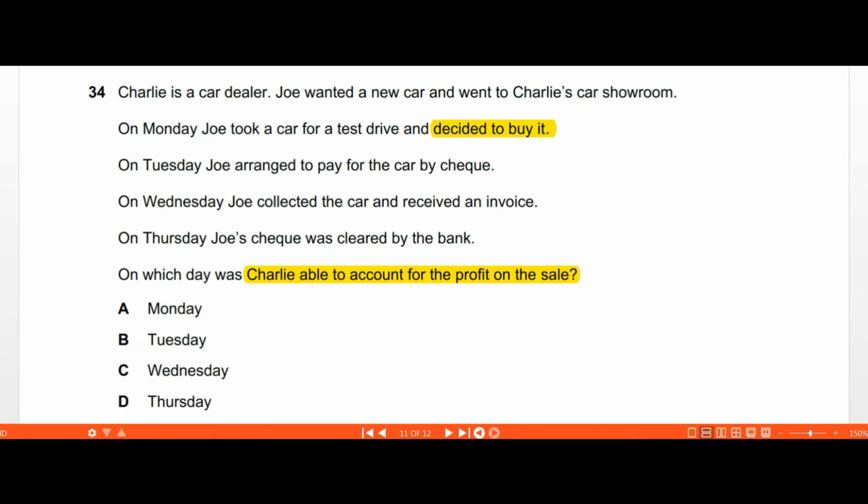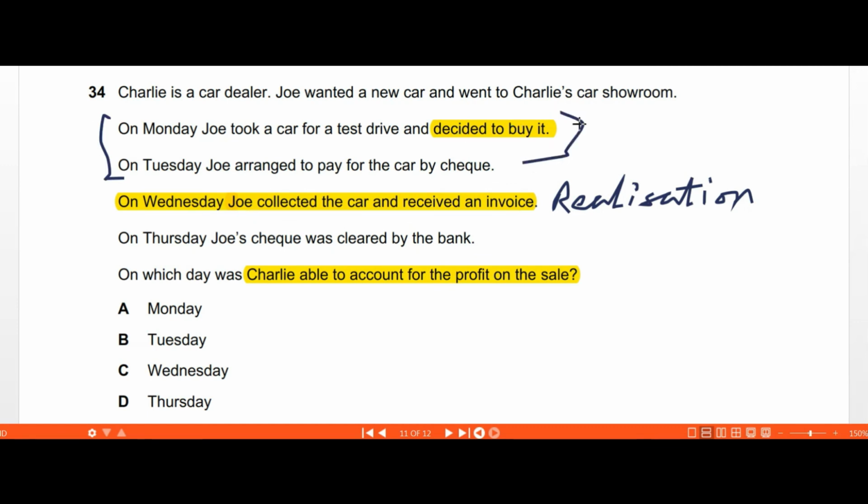And this is happening when Joe has actually collected the car and received the invoice, because this is when the sale has actually taken place. He has physically taken the car. This is covering our concept of realization. Unless and until he was still thinking to make a decision, no matter how many times he said, okay, I promise you I'll come and buy the car tomorrow, we will not be recording that as a sale, because that has not yet happened.